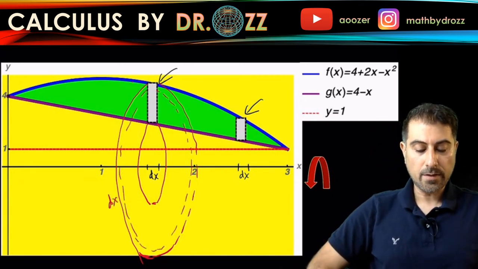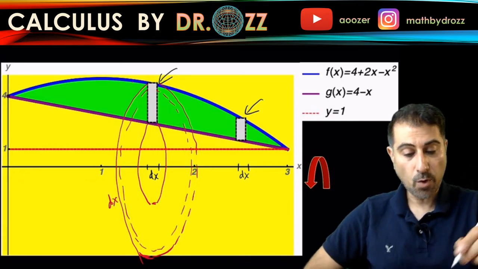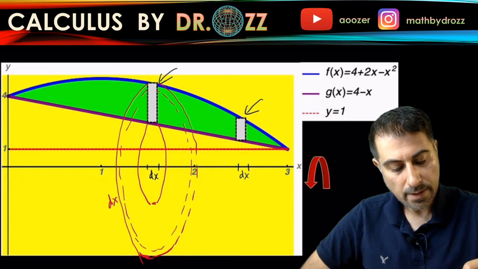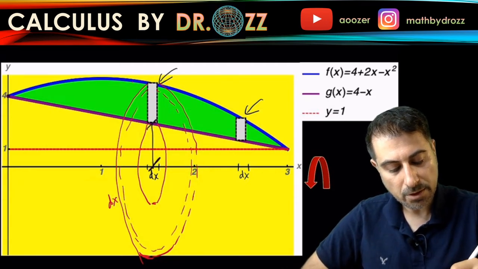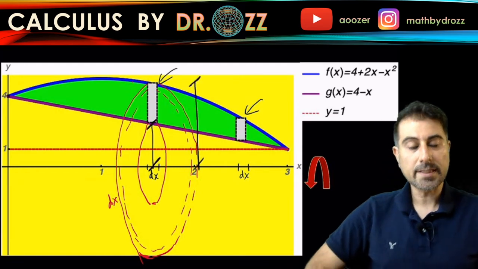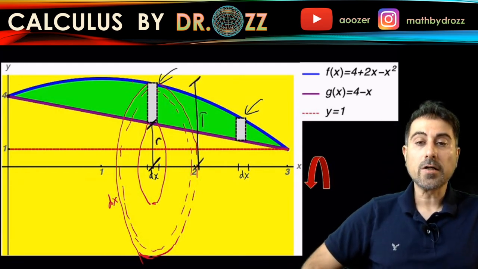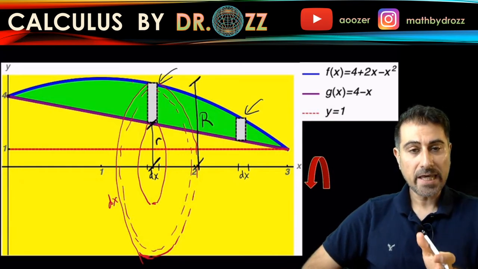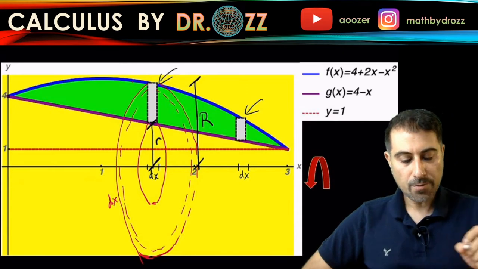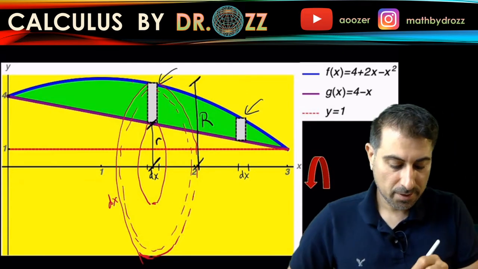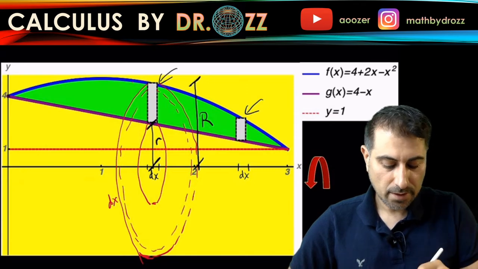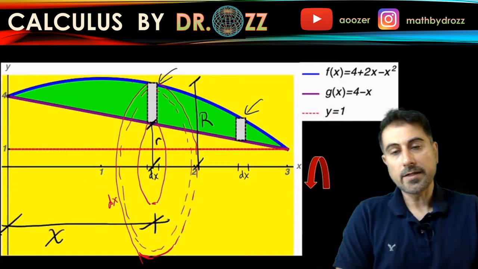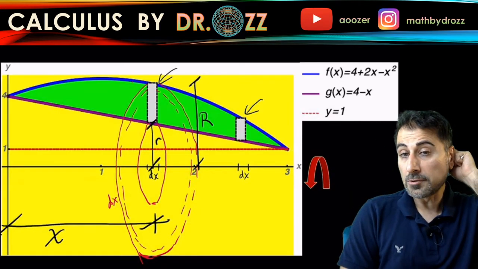And the volume of this washer is determined by the inner radius as well as the outer radius. I'm going to call the inner one little r, the outer one capital R. And little r and capital R are totally determined by exactly where this slice is taken. So for that reason, I'm going to say that this slice is x units far from the origin, which is in fact the left end of the region.